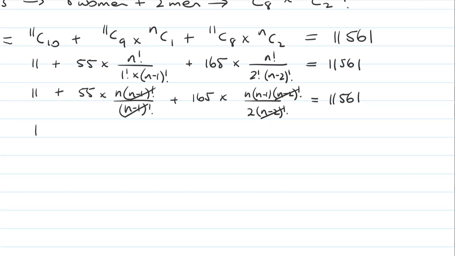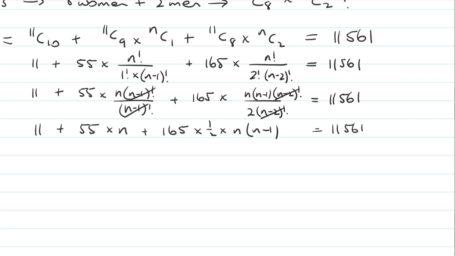So now I've got 11 plus 55 times n plus 165 times a half times n minus 1. And this is looking a lot like I'm about to hit a quadratic. So let's simplify this quadratic and solve. Hopefully this process is a bit easier.